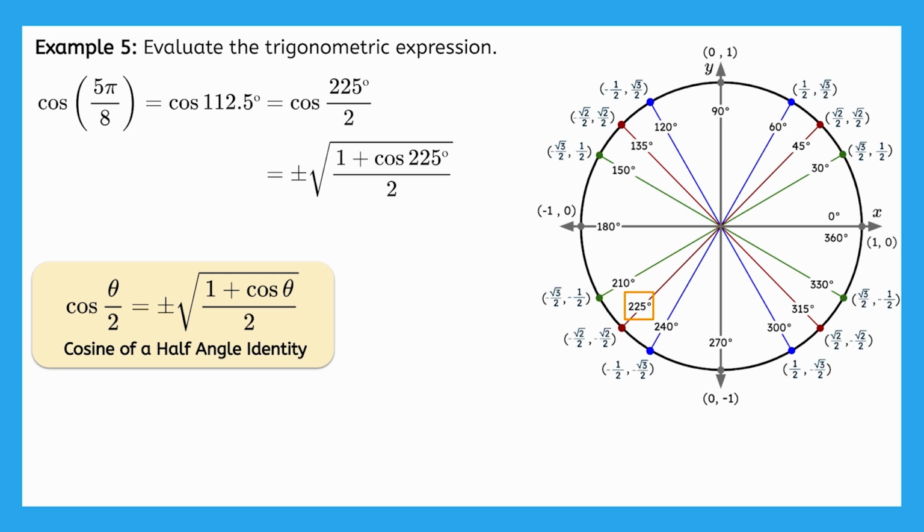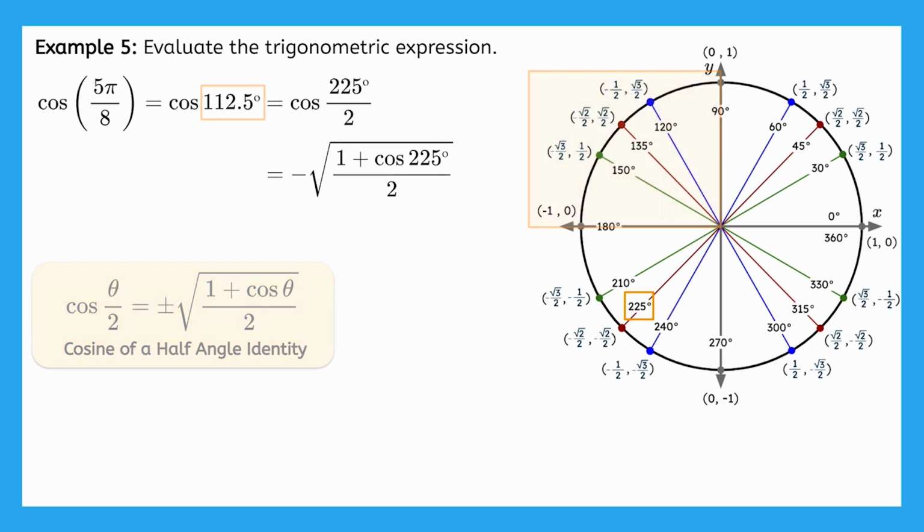The cosine function cannot output two values for the single input of 5 pi over 8. Instead, the plus minus is there to remind us we need to choose the appropriate sign based on the quadrant our angle falls in. Should the cosine of 112.5 degrees be positive or negative? Since 112.5 degrees falls in the second quadrant where the x-coordinates are negative, this cosine should be negative.